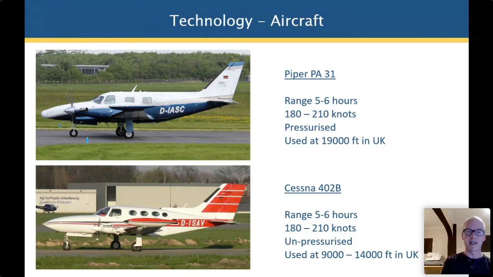You need to hit a sweet spot with ones that have a decent range and a decent amount of speed, and can also fly to the height you want. Typically, with survey aircraft you can get 5 or 6 hours, which gives you a decent amount of survey time.